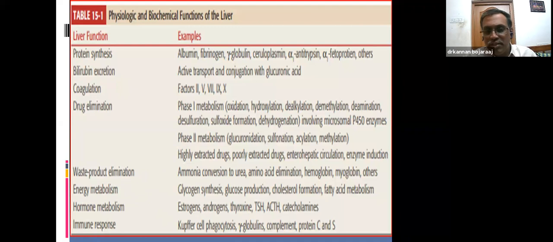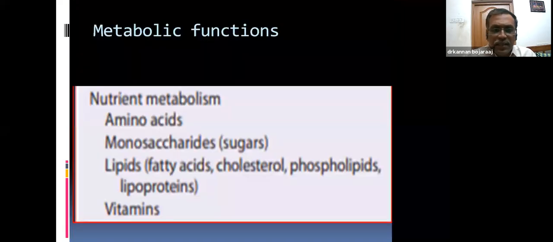And hormone metabolism, most of the hormones are detoxified or eliminated by the action of the liver. Without this, they will cause so many problems. And I have already told you about the immune response by the Kupffer cells, by phagocytosis and removal of the toxins.